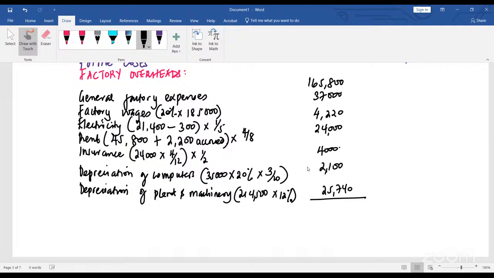Then also try to add the factory overhead, and then we get our total production cost. Please add up the cost very fast.